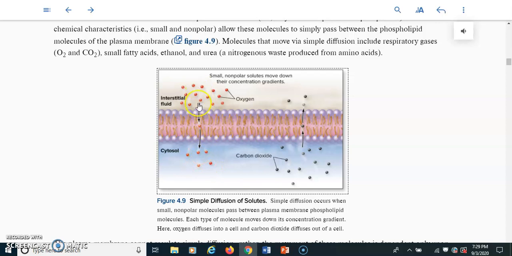So oxygen will want to diffuse down its concentration gradient. That's another term they use for this. So whenever oxygen is diffusing into the cell, in this case, because this is inside the cell and this is outside the cell, diffusing into the cell down its concentration gradient just means it's going from an area where it's in high concentration to an area where it's in low concentration.